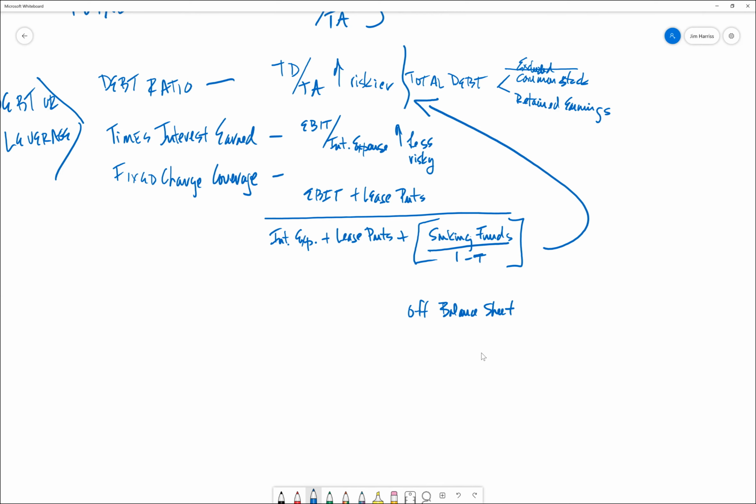Now, there's a number of sinking funds. Let me write this down. Off-balance-sheet financing, that's what a lease is. There's a number of sinking funds. Preferred stock dividends, that's one, and this is a big one. ERISA, which stands for Employee Retirement Income Security Act.